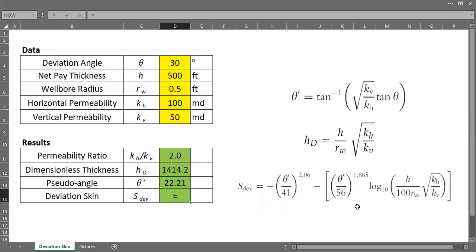Equals, we will use this formula: minus open of pseudo angle divided by 41 close to the power of 2.01. I will be careful here. Minus something to the power of 2.01 can be indefinite.